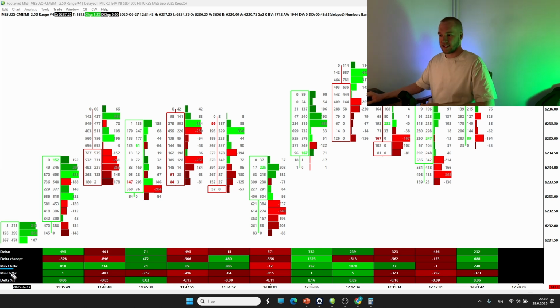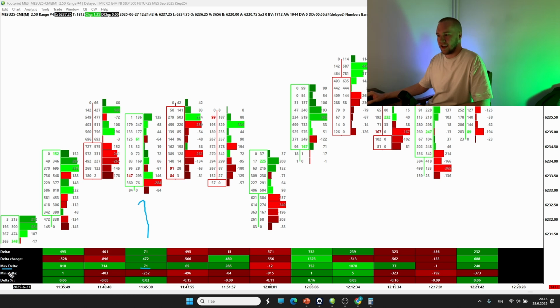Then we have the max delta and the min delta. I'm going to explain these simultaneously. So let's take this candle, for example, or sorry, footprint. Technically these are not candles, but it's easy to mix up the words. Basically the max delta and the min delta numbers are giving us the strength of the footprint.